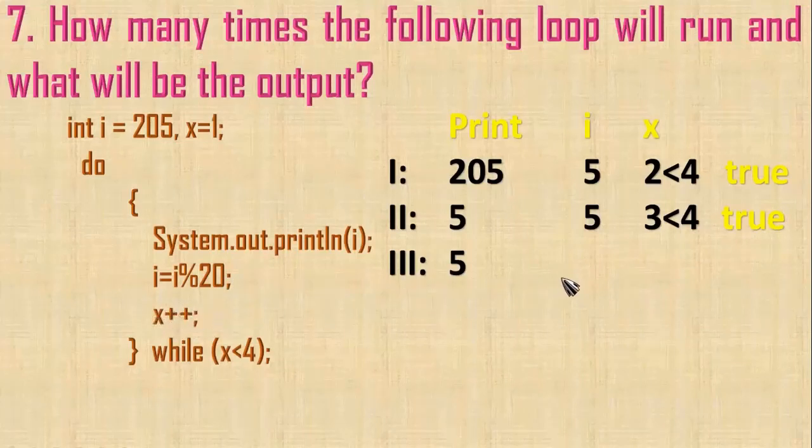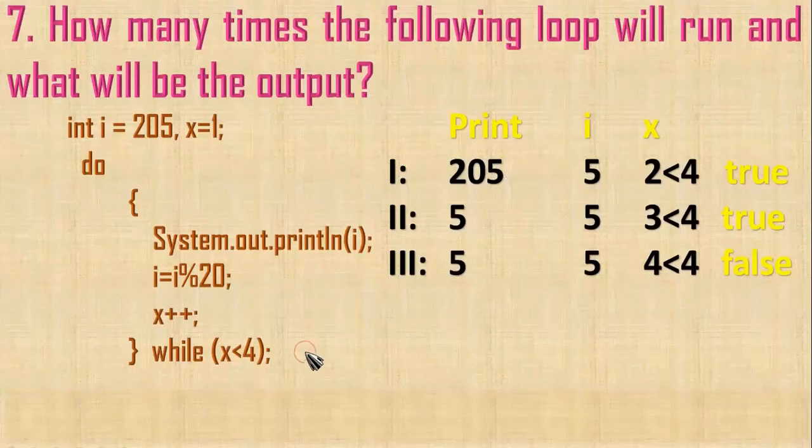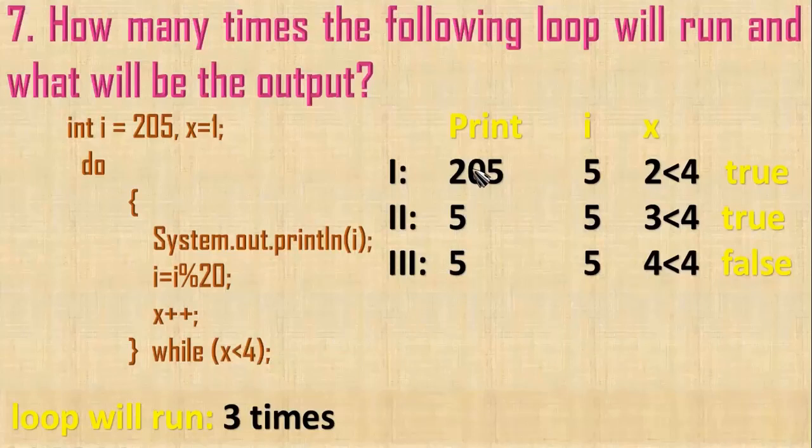X value becomes 4, but this time it is false. So it will not run, it will stop the loop. So here it runs 3 times. And then the output will be 5, 5 and 5. So that is in the next lines.